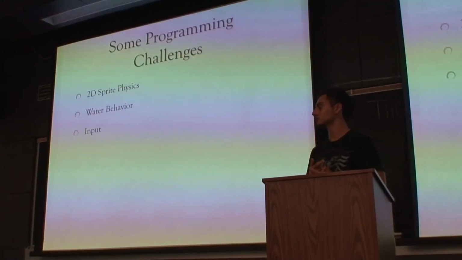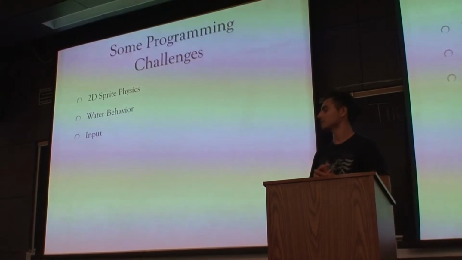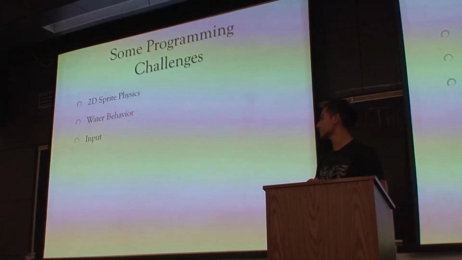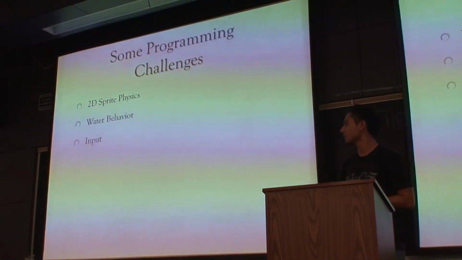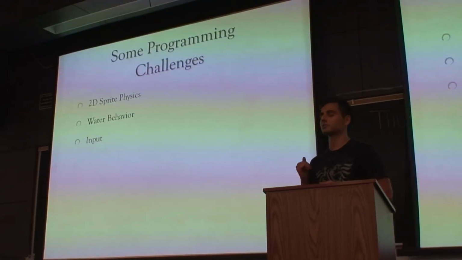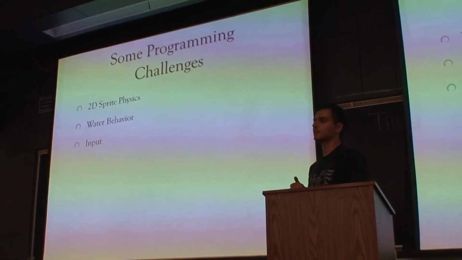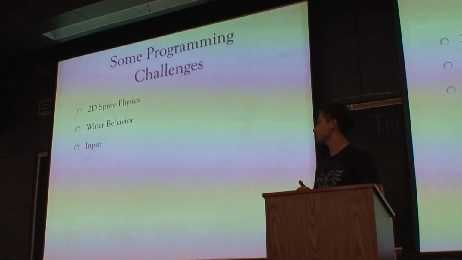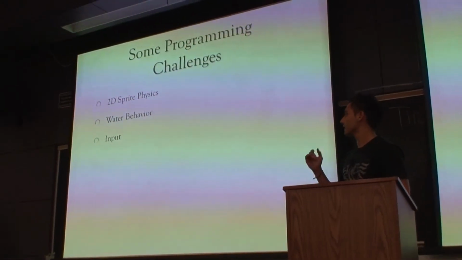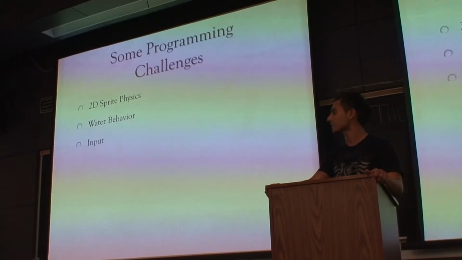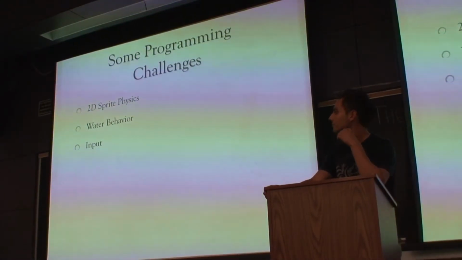We're going to use Box2D and Physics Editor, as already mentioned, which can be used in conjunction with Unity. As far as water behavior goes, we're planning to use either particle effects with physics attached to them or fluid simulators in Box2D. And as far as touch input goes, Unity already has the libraries to take care of that, so that should be easy to figure out.